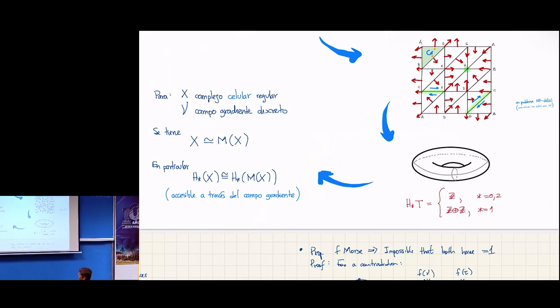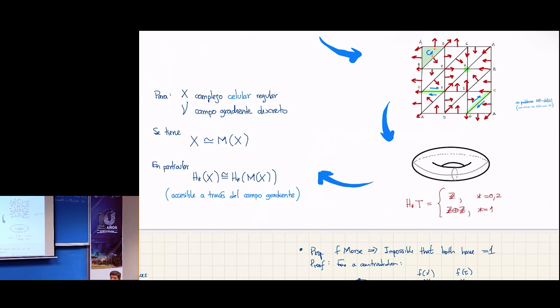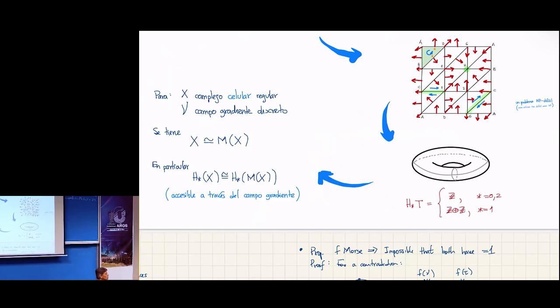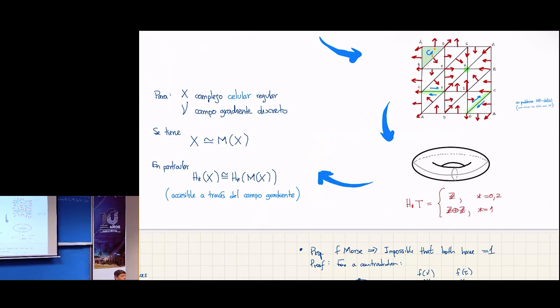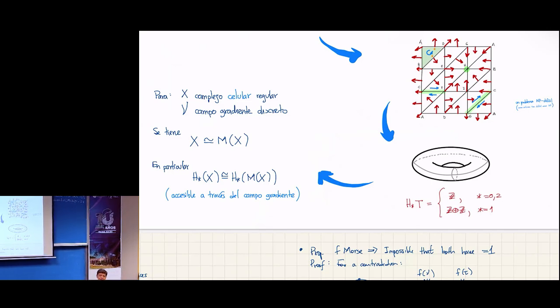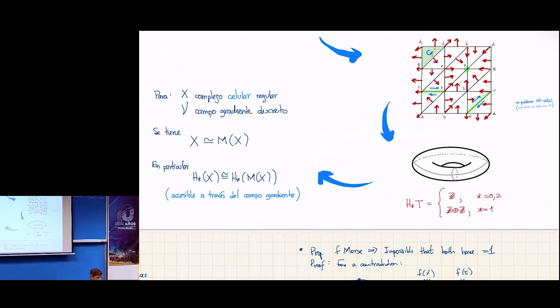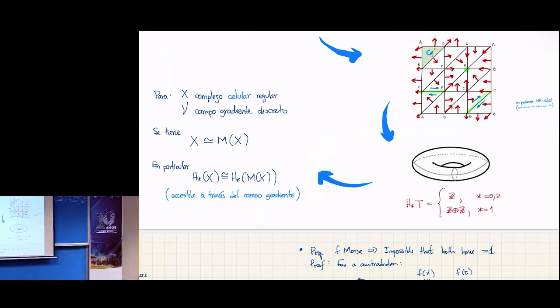So the idea here is that you want efficient gradient fields that leave you with the smallest possible number of critical cells, because at the end, this is the complex that you want to work with and compute the homology.